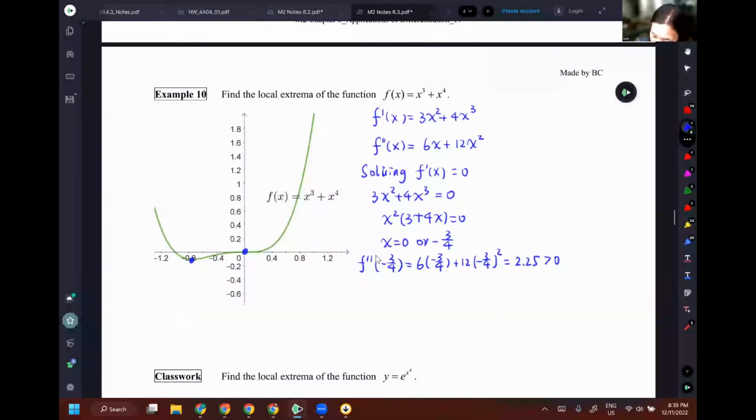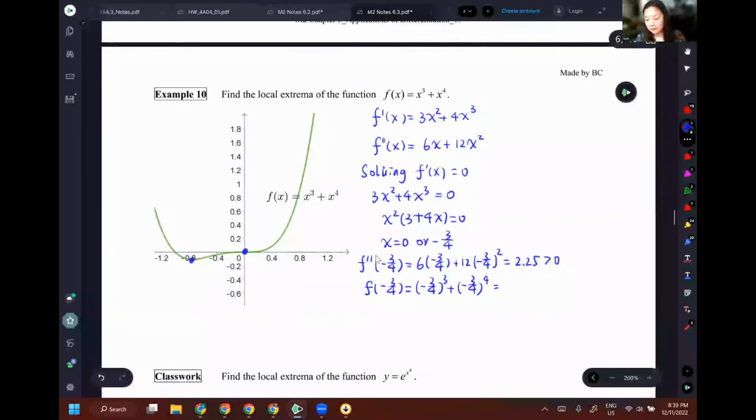And then you can find f of negative 3 over 4, which equals negative 3 over 4 cubed plus negative 3 over 4 to the power 4, which is negative 27 divided by 256.